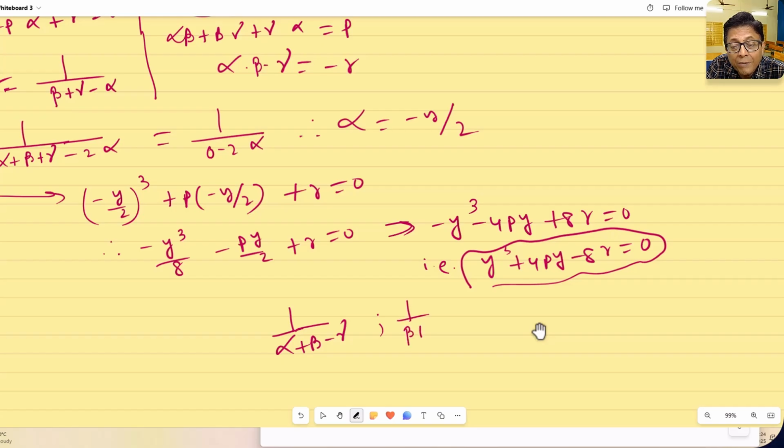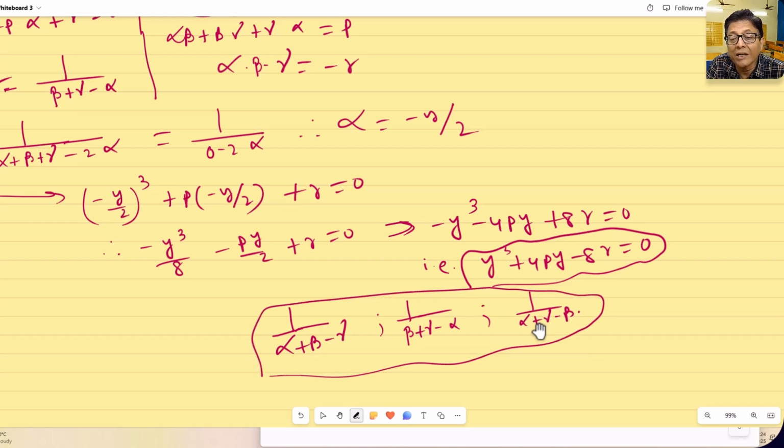So if the roots of this equation are of this form, then the product of the roots of this equation will tell you the value of this product.